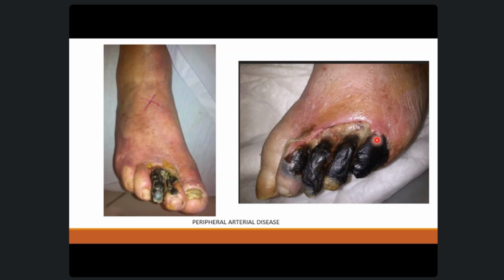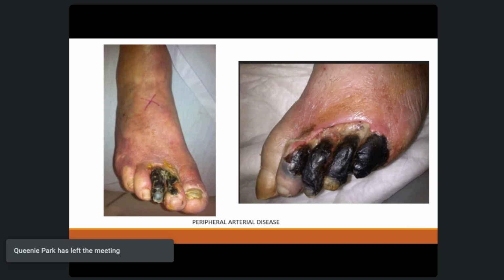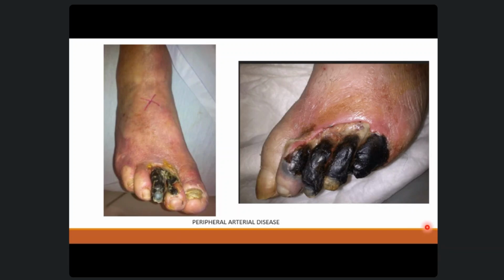So pale on this side, when you elevate it it's also pale, and dusky red siya pag maging dependent. So ulceration usually is at the point of trauma, and this one is an example of a gangrene. So always remember pag arterial, it's gangrenous.